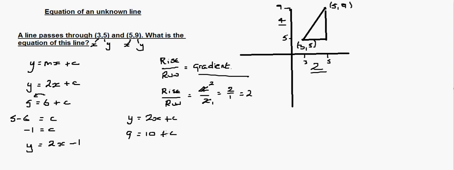We want to find the c value, so we move the 10 over, so we get 9 minus 10 equals c. So 9 minus 10 is minus 1, which equals c. So this and this, you can see, are both the same. So it doesn't matter which coordinate you take, it will always work. Okay, really is that simple.